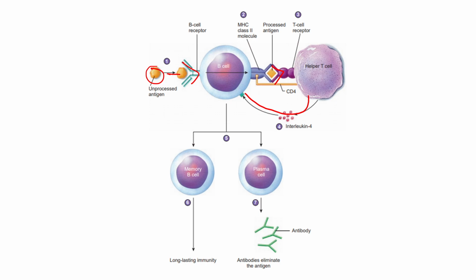Okay, so when the B cell has bound successfully, the helper T cell will now release interleukin 4 that will activate our B cell. Our B cell will now start to divide and differentiate. Some will become memory B cells, while some will become plasma cells, which will eventually produce our antibodies.